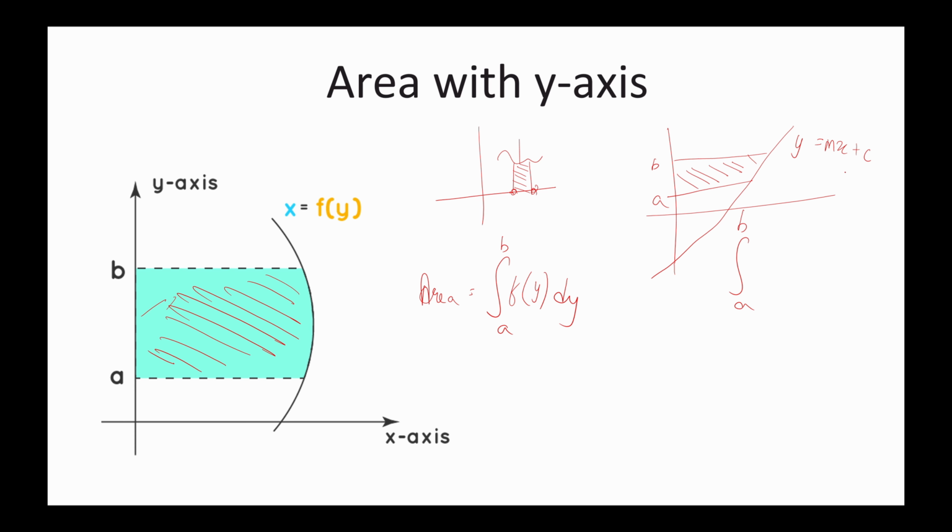From a to b, I would write this function in terms of y. So this would become y minus c by m dy. I write the function in terms of x, which is going to be y minus c upon m, and then I integrate it. You must keep this in mind, because sometimes it might be easier to calculate the area on the y-axis rather than on the x-axis. So keep this in mind.